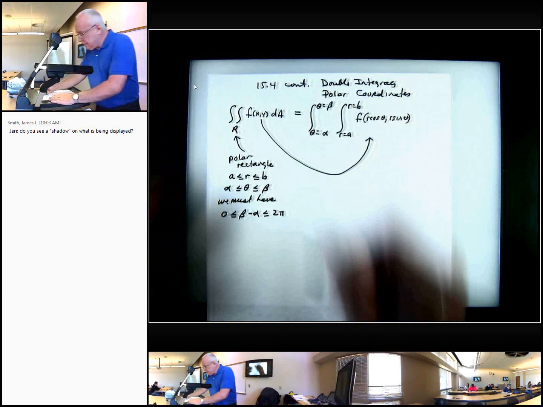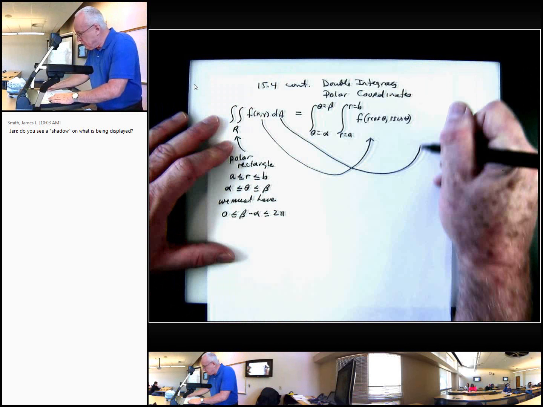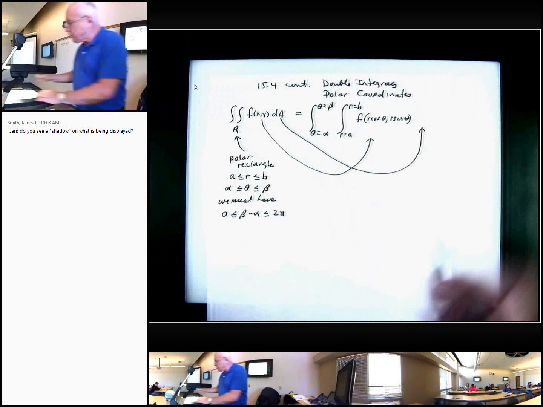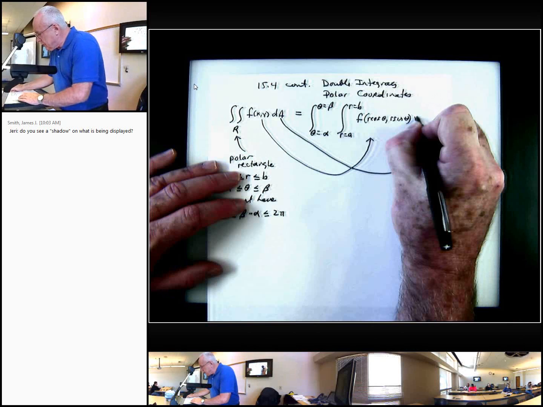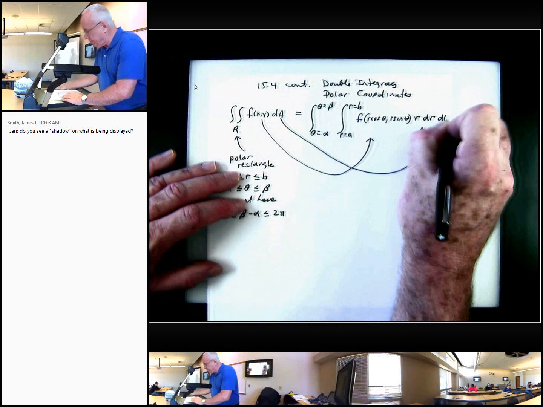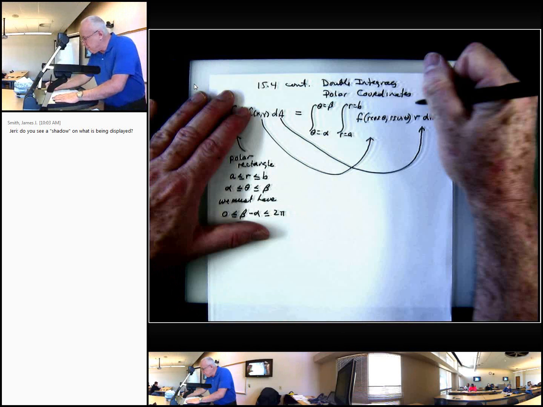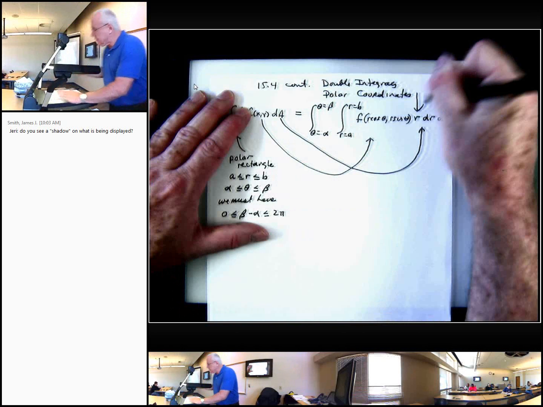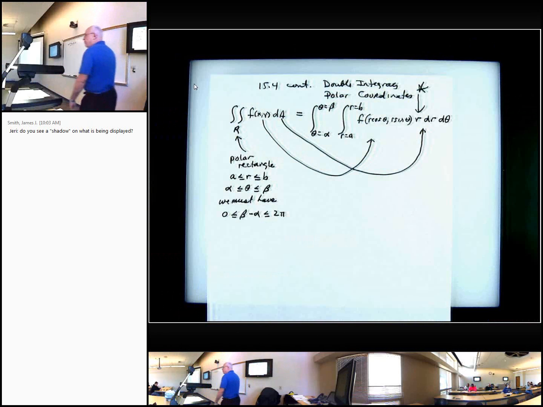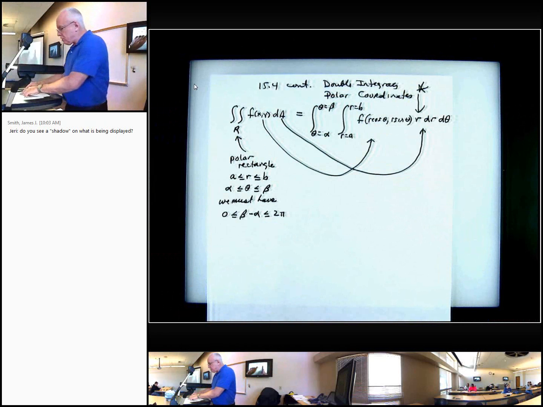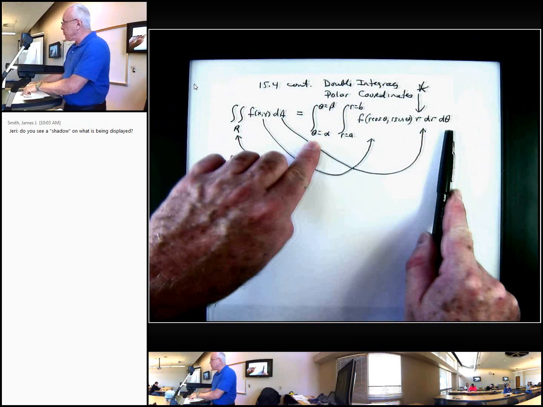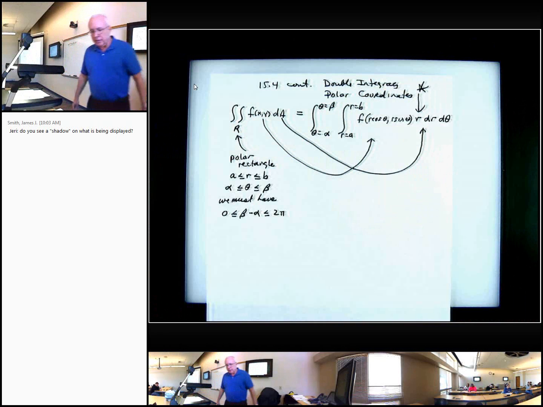And then the dA gets replaced with r dr d theta. Very important, this extra r there. Don't forget that. Okay, so we integrate with respect to r first, and then with respect to theta second.